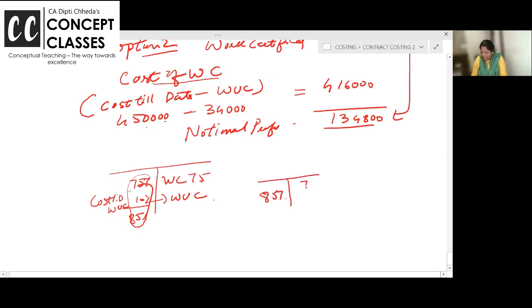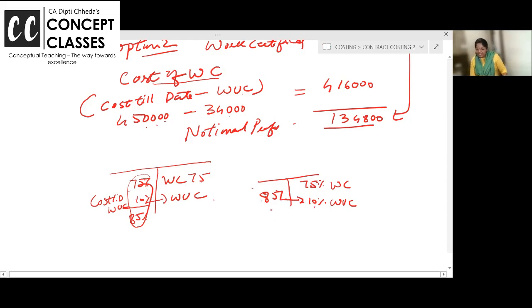Cost is 85% and income is 75. तो 85 में से 10% cost तो बाहर निकालना पड़ेगा ना, work uncertified. Then you will get work certified income and work certified cost. So either you add it here or you minus it from this. Cost till date.